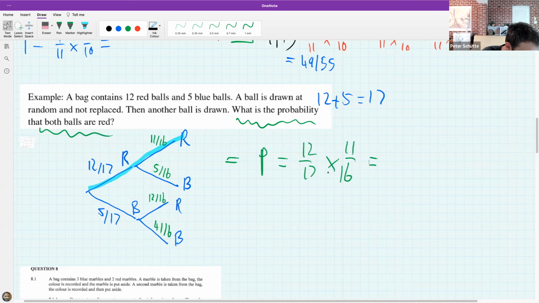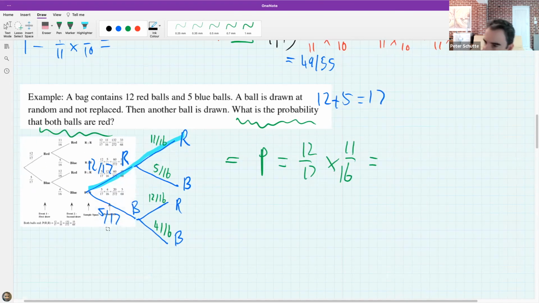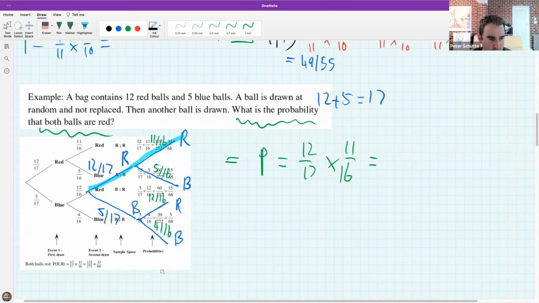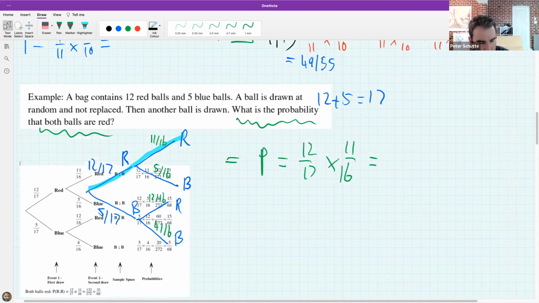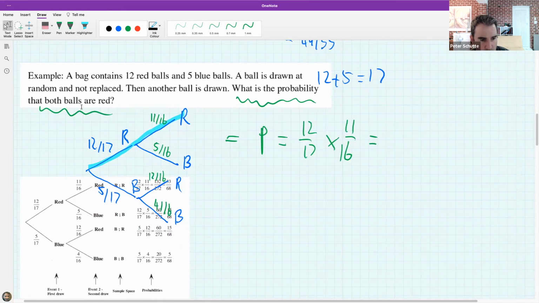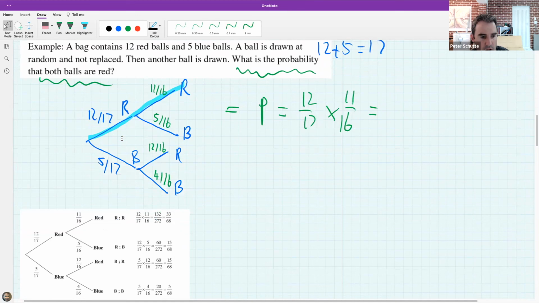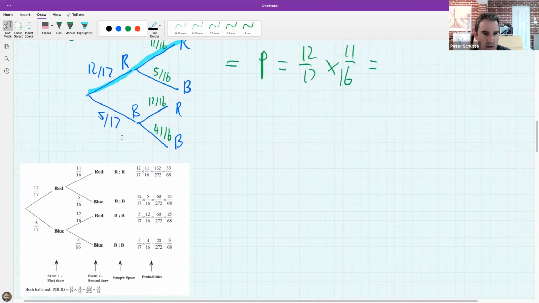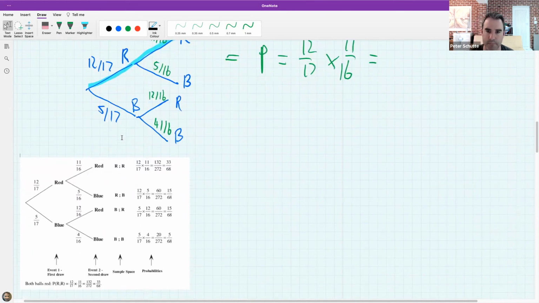So let's see what I get. 12, 17 times by, I'm getting a decimal. Let me just pull up the answer here. So you should get 33 over 68 as per the answer. Yeah, there we go. You can see the answer there, 33 over 68.